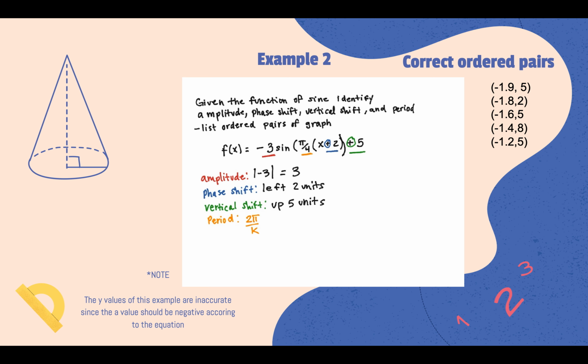So in order to find the period, we're going to do 2 pi over 1, and we're going to times it by the reciprocal, so we do 4. Pi's are going to cancel out, and that is going to give us 8 as our period.